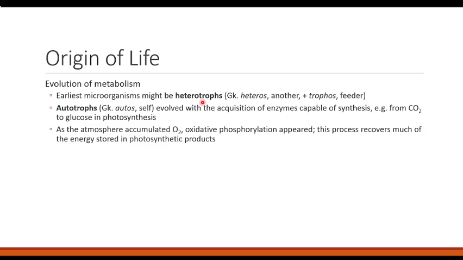However, there are theories that say autotrophs might be the first one to evolve. Autotrophs evolve with the acquisition or the evolution of enzymes that are capable of synthesis, such as carbon dioxide, the carbon from carbon dioxide being chained together to form glucose, or more specifically the G3P that will be joined together to form glucose, which is in photosynthesis.